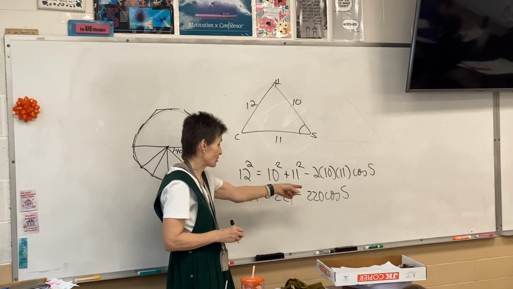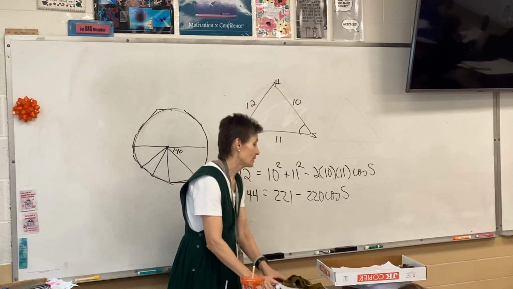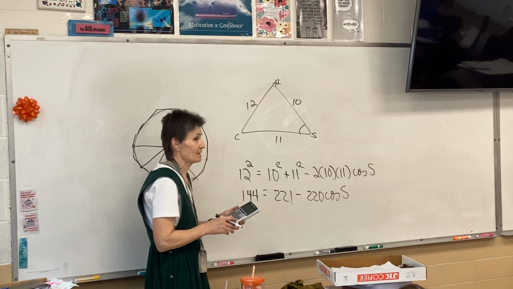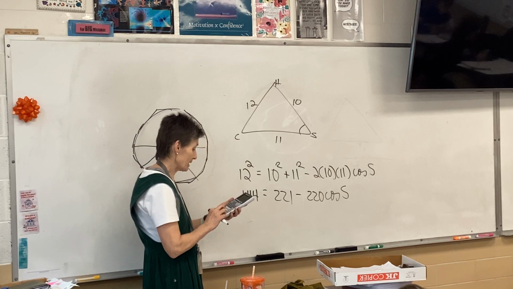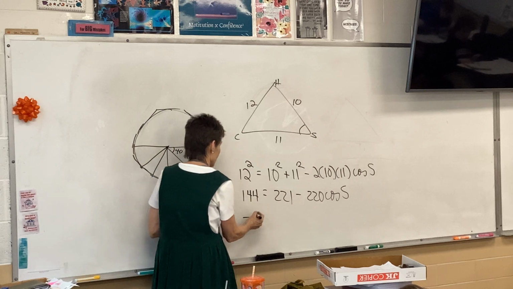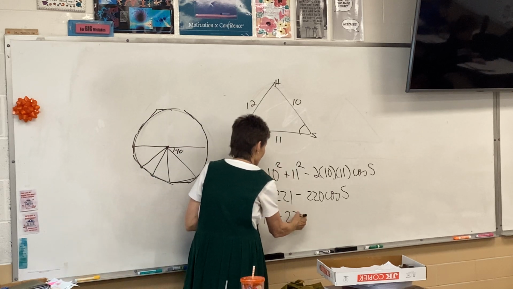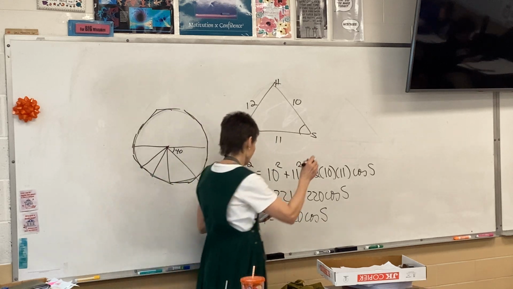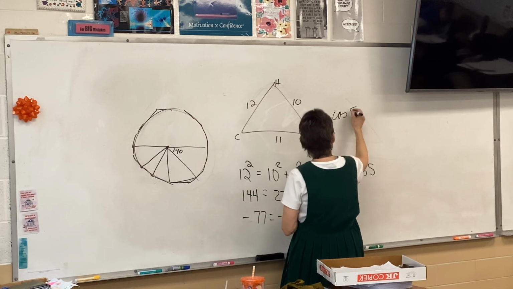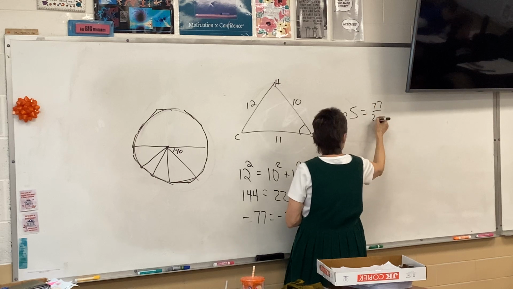Now, how do I go about solving for cosine S? I don't divide by anything. What do I have to do first? I gotta subtract 221, negative 77. Now I can divide. 77 over 220. So cosine S equals 77 over 220.